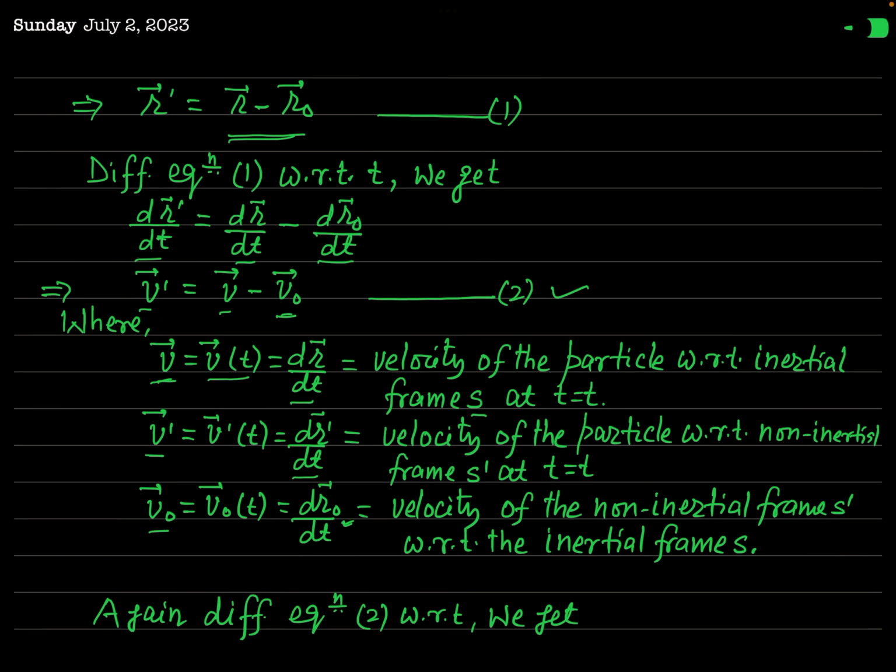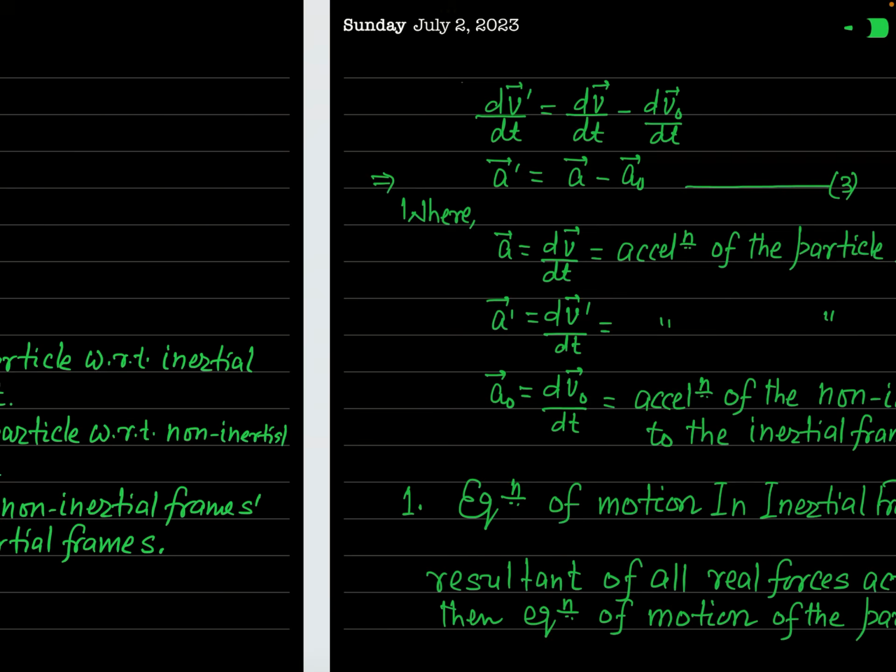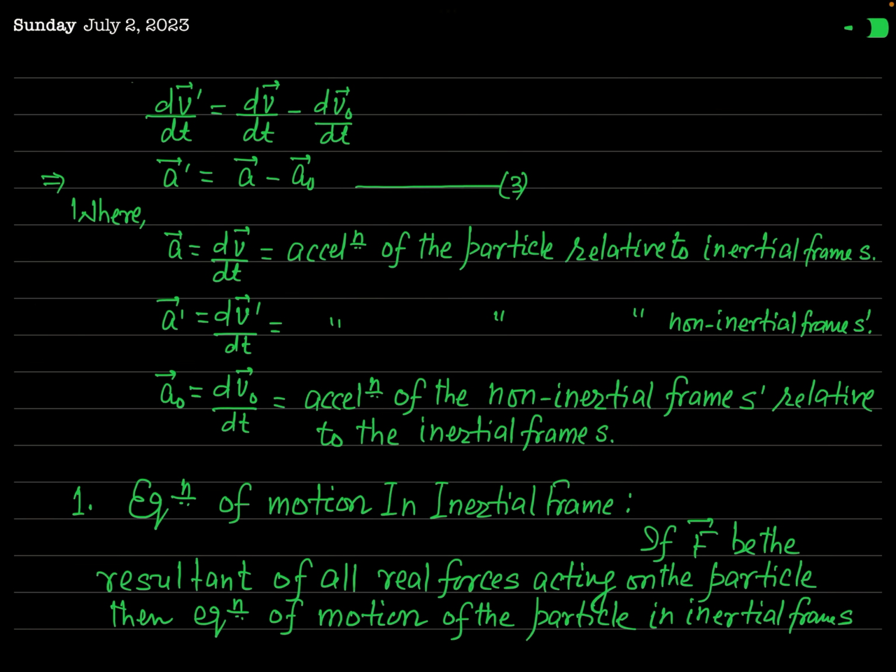So now let us differentiate equation 2 with respect to time t. So see this equation and differentiate it. This will be dv prime by dt equal to dv by dt minus dv naught by dt. And dv prime by dt, I have written it a prime, dv by dt has been written by a, and dv naught by dt has been written by a naught.